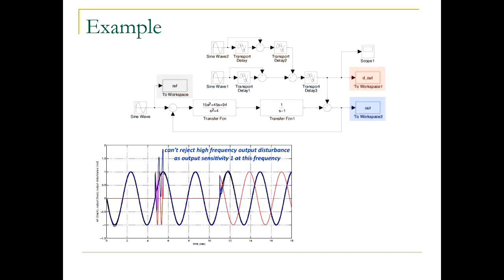Here we apply a high frequency disturbance, with higher frequency than 2. And you can see that the thin blue line goes berserk because we did not design our controller to reject this high frequency disturbance. We only designed the controller through the internal model principle to reject disturbances of frequency 2, but not higher frequencies.